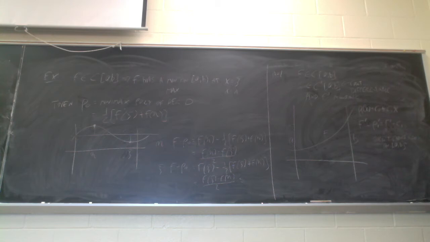Because if it's always increasing or always decreasing, A and B have to be critical points. Now we're back to the oscillation theorem. You have 3 critical points because of the oscillation theorem. Two of them must be at the endpoints A and B, and then you'll have one other somewhere in between. This helps a great deal.